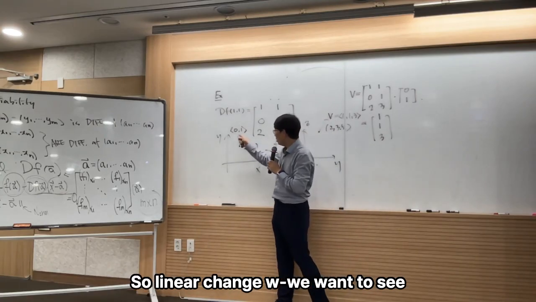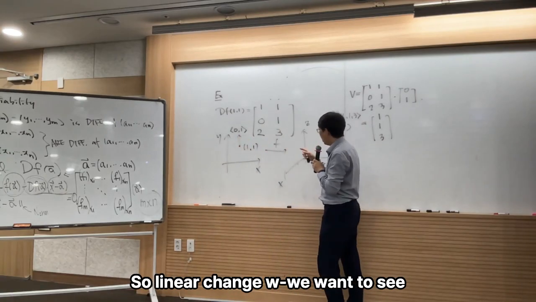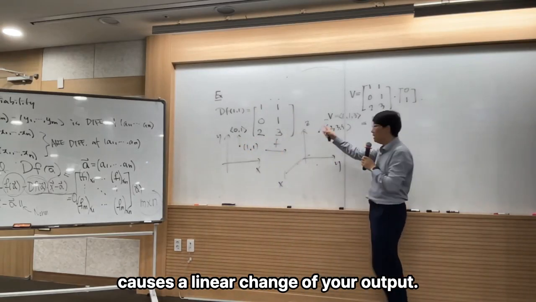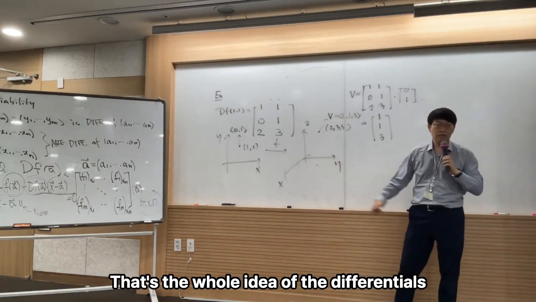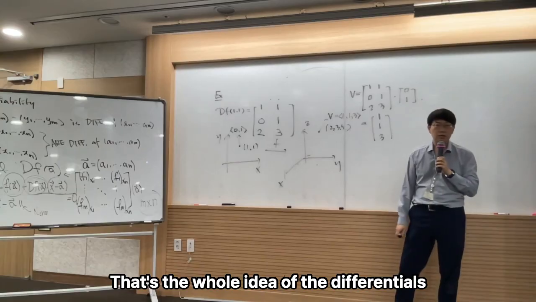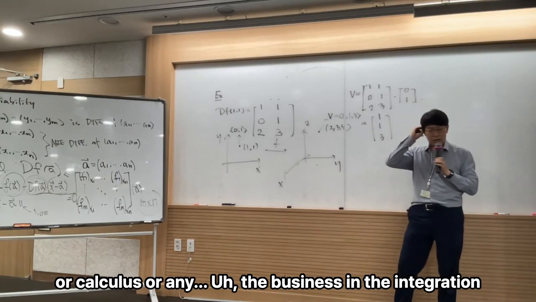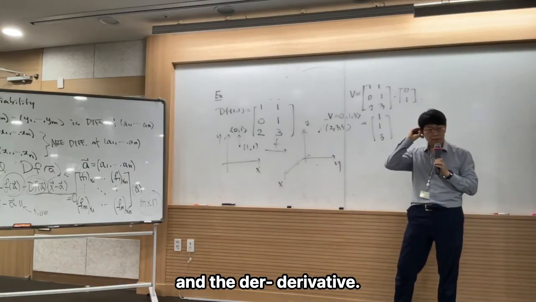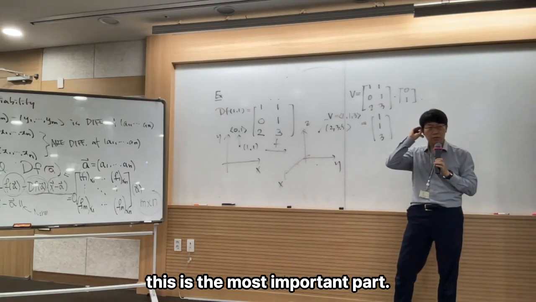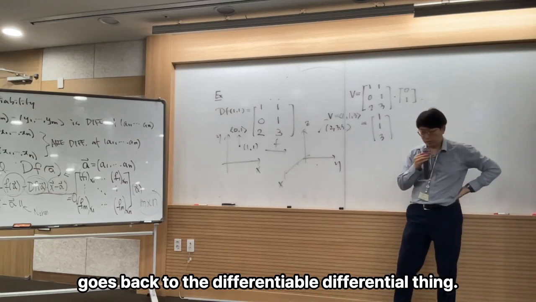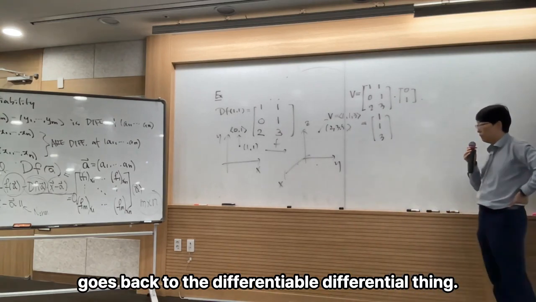So we want to see how the linear change of an input causes a linear change of your output. That's the whole idea of differentials, or calculus, or any business in integration and derivatives. So that's why I think it's the most important part. Even for integration, it goes back to the differential.